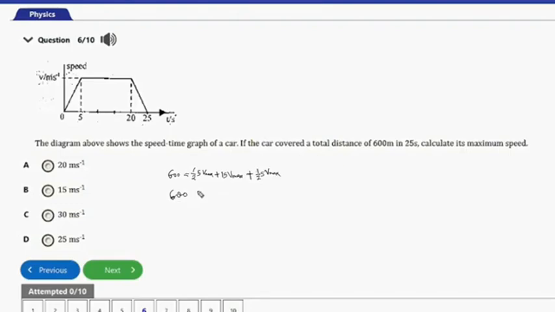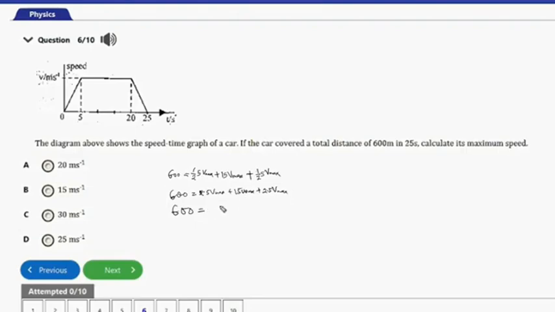So when we add all these, we're going to have that half of 5 times Vmax is actually 2.5 Vmax, then plus 15 times Vmax, then plus half of 5 times Vmax, that's 2.5 times Vmax. So you have 2.5 times Vmax plus 15 Vmax plus 2.5 times Vmax.